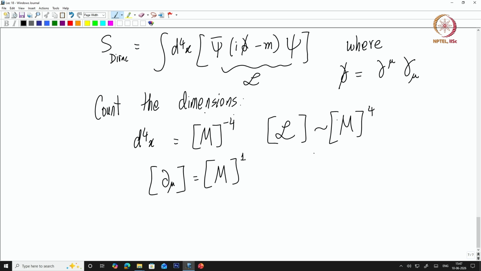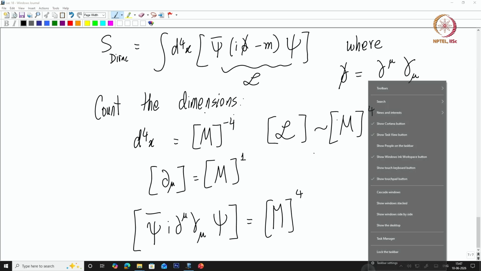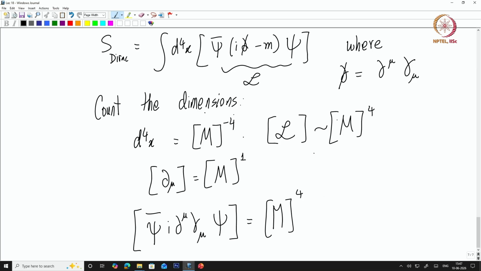So, the first term psi bar i del mu gamma mu psi, gamma has no mass dimensions, should be having a total of m power 4, okay.